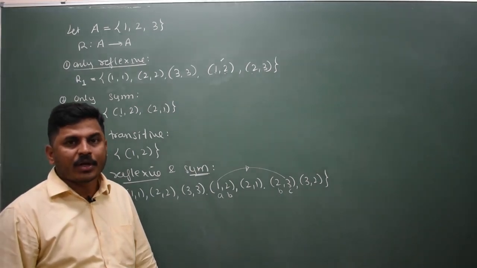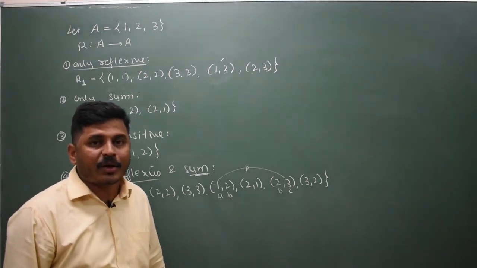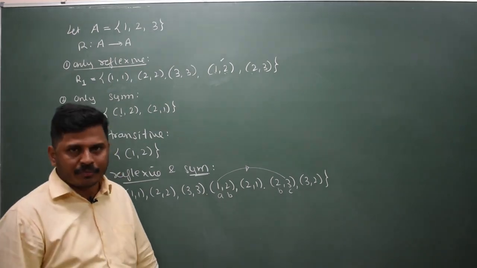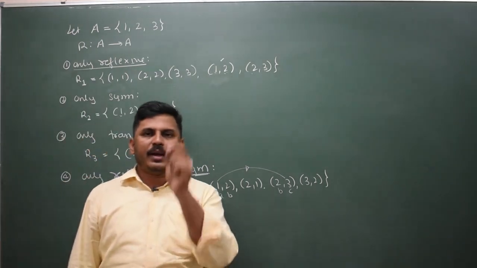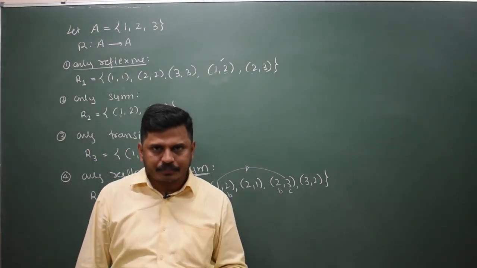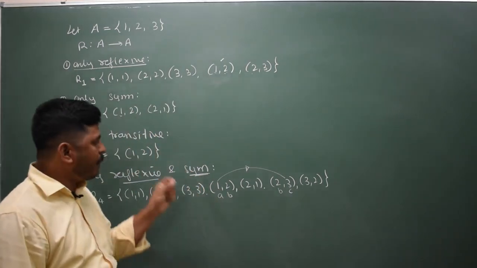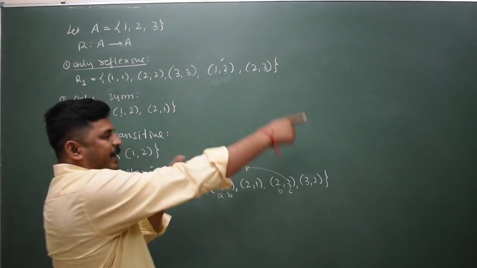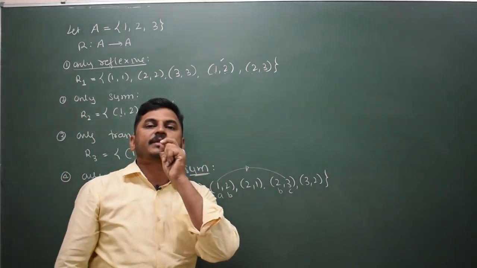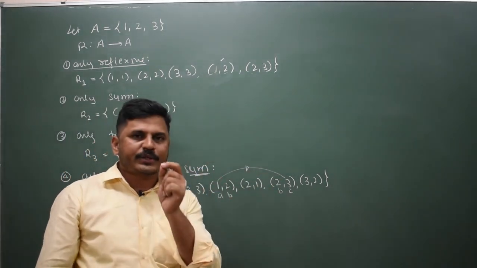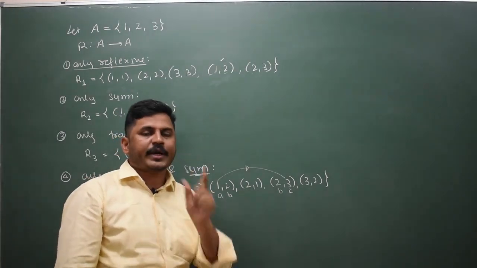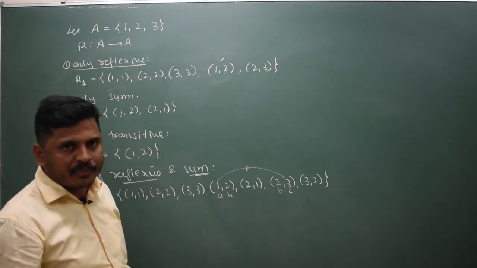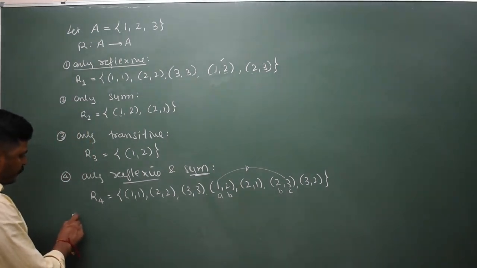Hence, it is not transitive. A counter example is enough to disprove the statement. One counter example is enough to say that it is not transitive. Even if you give 100 examples, it is not enough to say it is transitive. One counter example is enough to say it is not transitive.